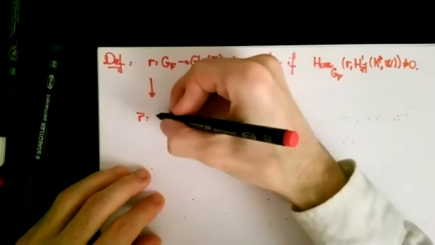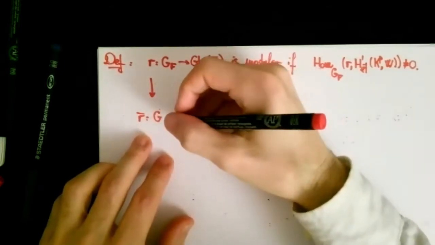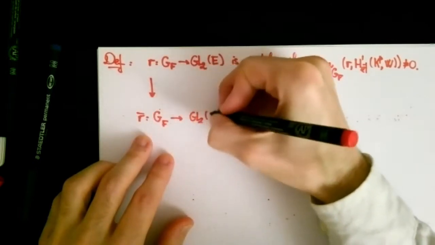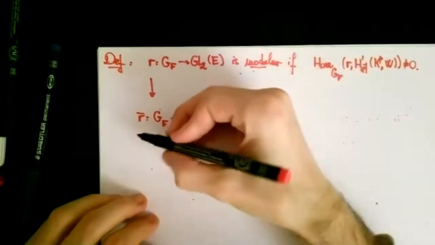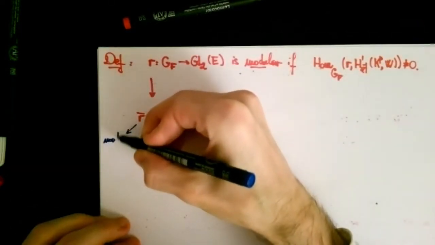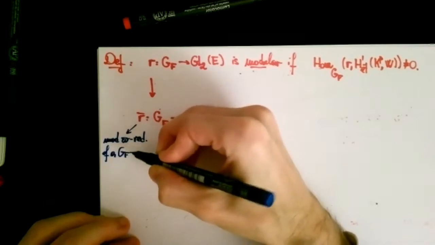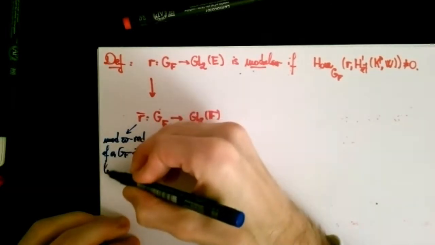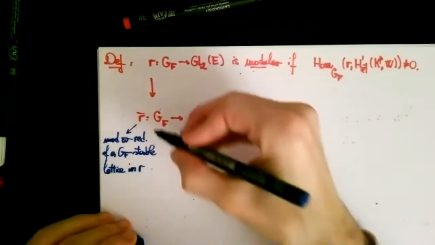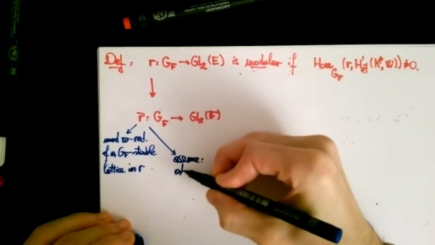Let's write R bar is going to be the mod P reduction of a stable lattice of R. And from now on, we assume that the mod P reduction is absolutely irreducible. So here we have GL2 F. So this is the mod P reduction of a GF stable lattice in R, and we assume that it is absolutely irreducible.